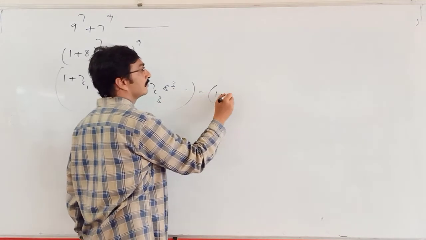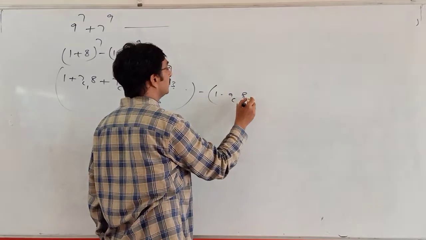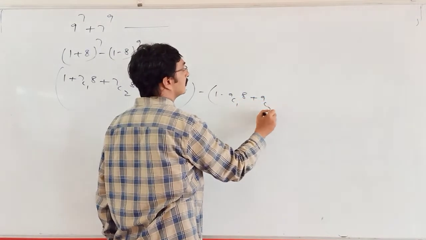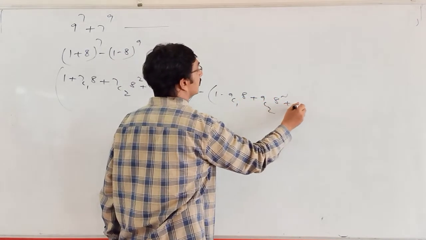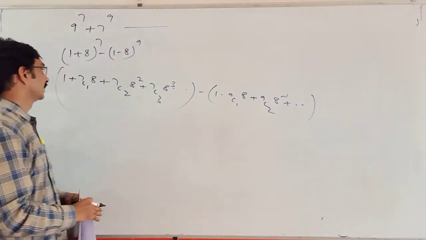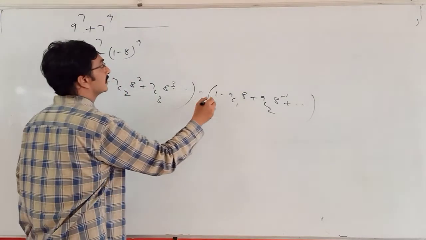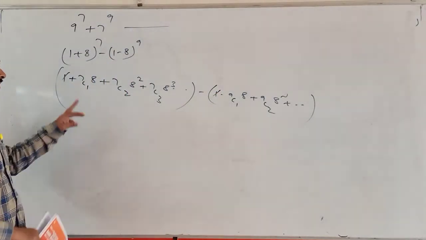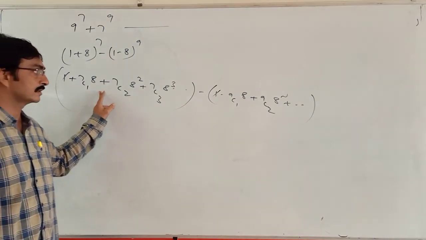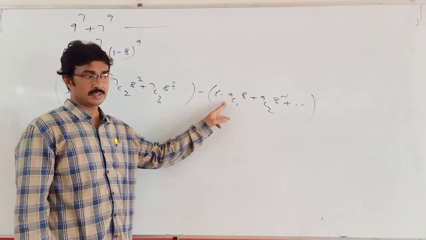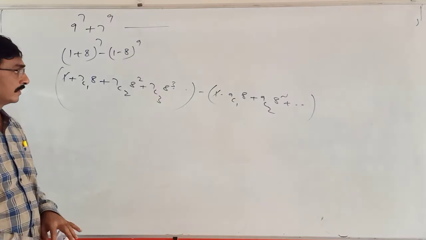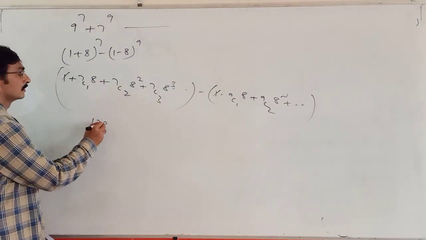Minus of 1 minus 9C1 into 8 plus 9C2 into 8 square and so on. Thus the first term 1 cancels. The second term is 7 into 8, which is 56, minus of minus gives plus 72, total 128.